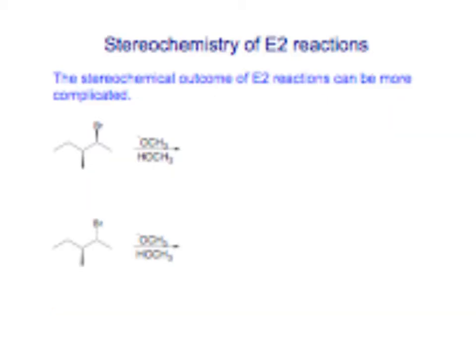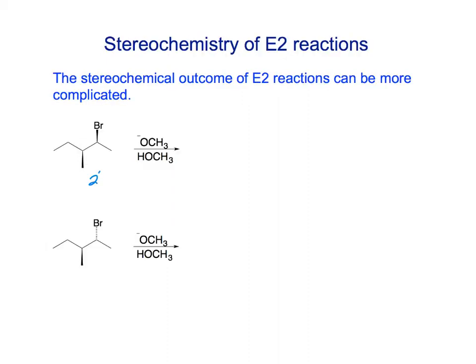In these two examples, we've added some stereochemistry. Let's see if it makes a difference. In the first elimination, we have a secondary alkyl halide. We have a strong base, so we have an E2 elimination.